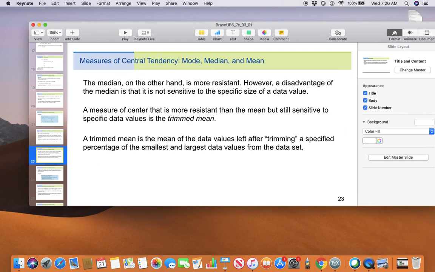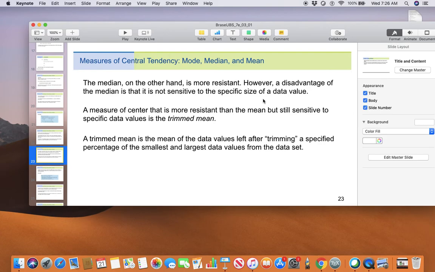The median, on the other hand, is more resistant. However, a disadvantage of the median is that it is not sensitive to the specific size of a data value. All right, what does that mean? Even if there is a $100 million house, the median doesn't get affected.